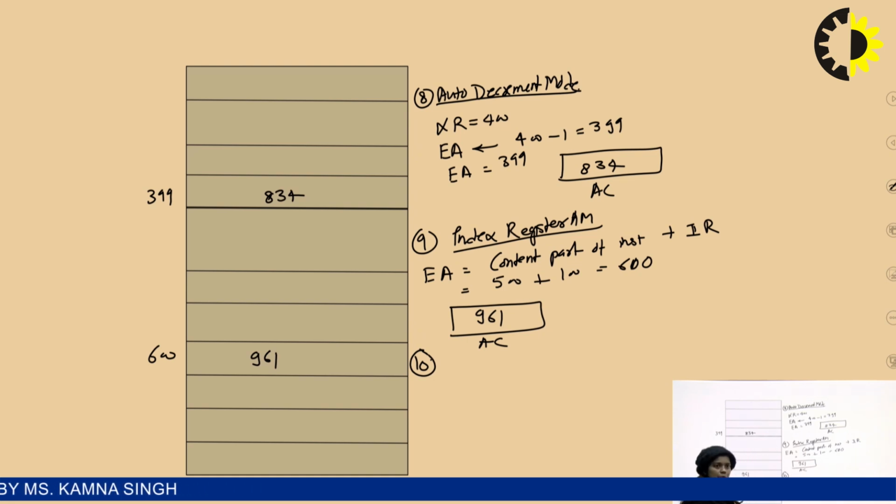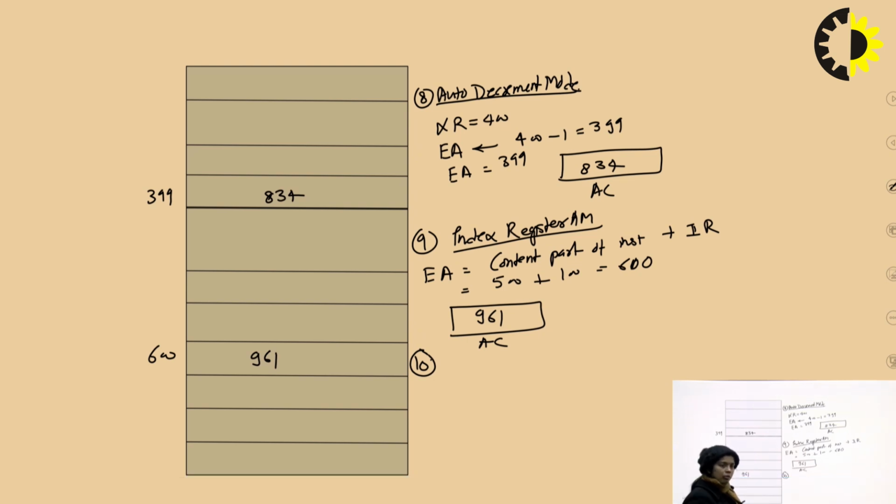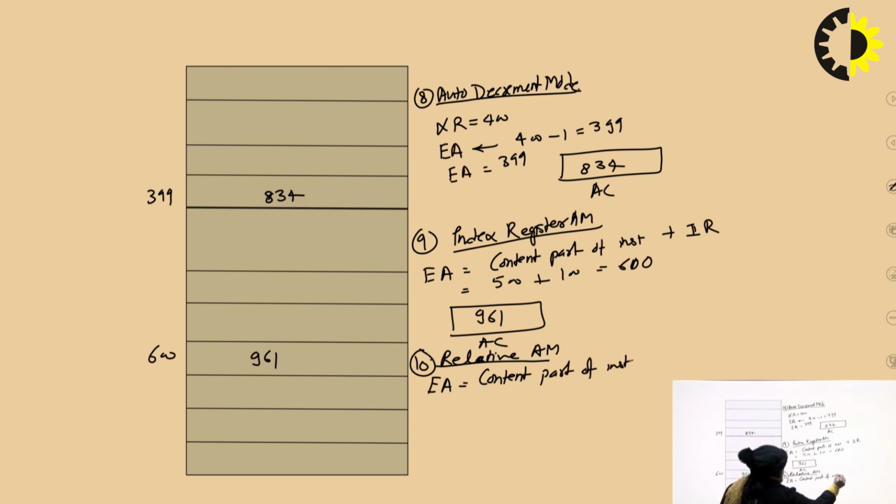So the last mode is base register mode, or you can say this is also called relative addressing mode. Here you are going to calculate the effective address with the content part of the instruction plus the PC value. PC is the value of the instruction to be executed next. The content part of the instruction, as you know, is 500.